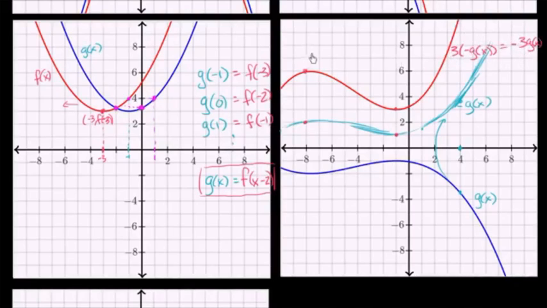So here we have f of x is equal to negative 3 times g of x. And if we wanted to write g of x in terms of f of x, dividing both sides by negative 3, g of x is equal to negative 1/3 f of x.